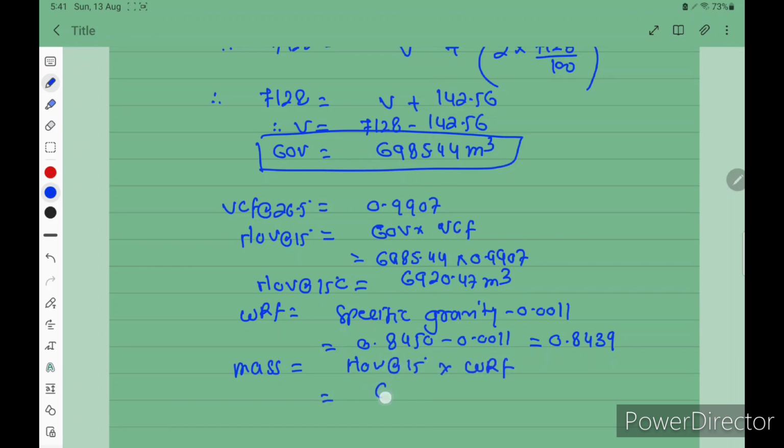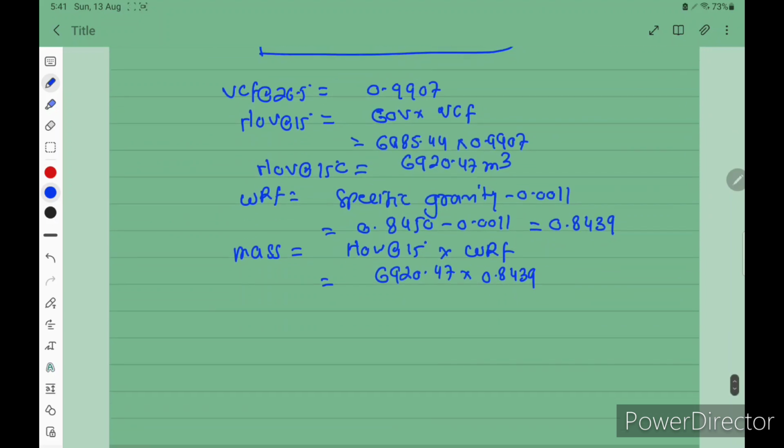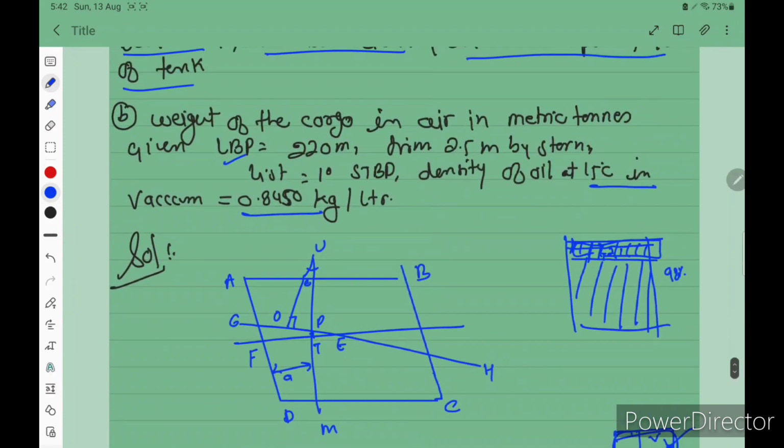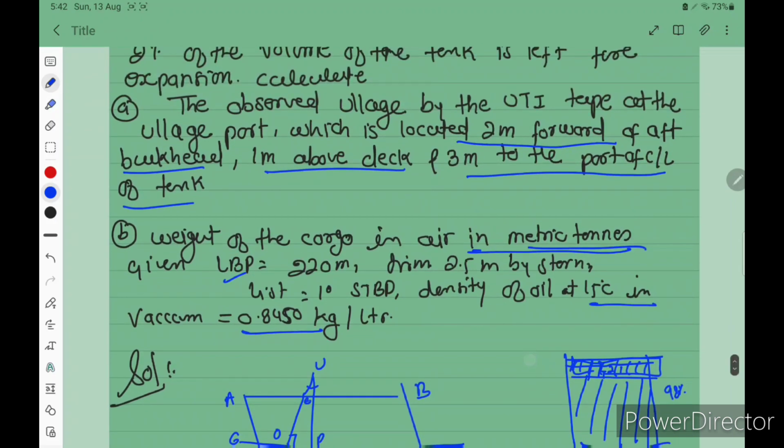Therefore 6920.47 into 0.8439, so we get the mass equal to 5840.18 tons. Okay, so this is the first, second part. Metric tons.